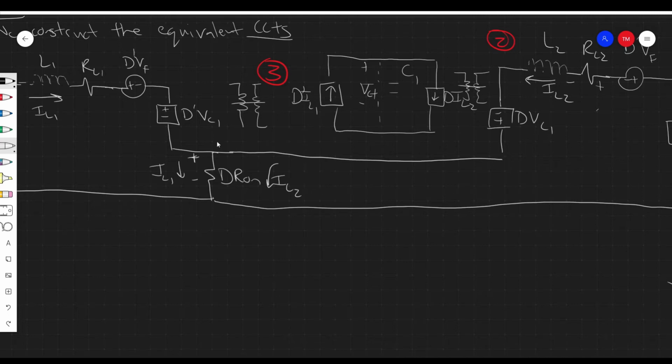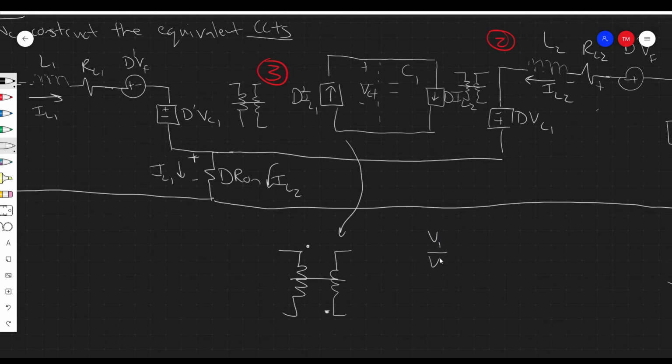So we have d prime VC1 over here, and we have d VC1 over here flipped. That relationship of voltages already looks like a transformer. So I'm going to bring these two voltage sources together into a single transformer. First of all, the voltages are flipped, so we know the dots should be on opposite sides.